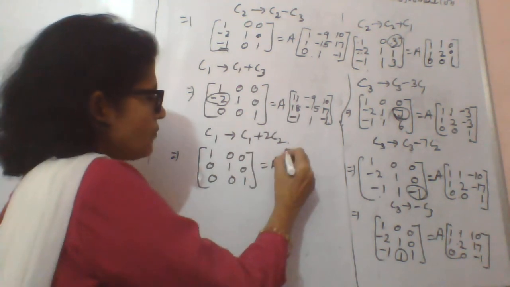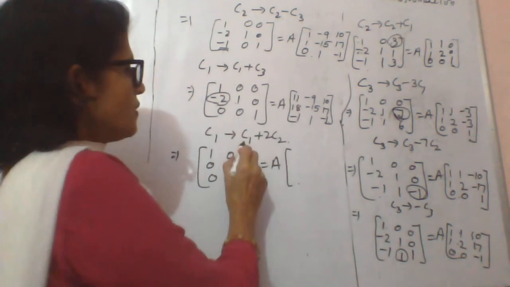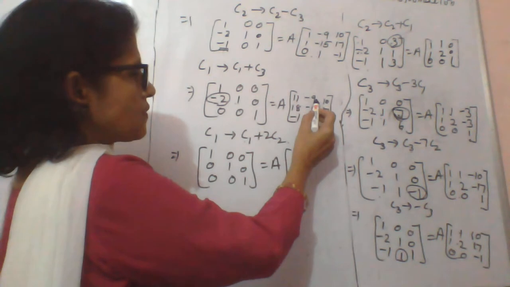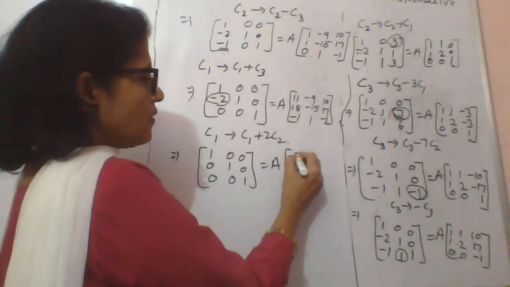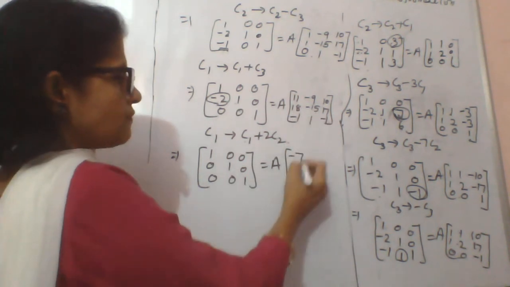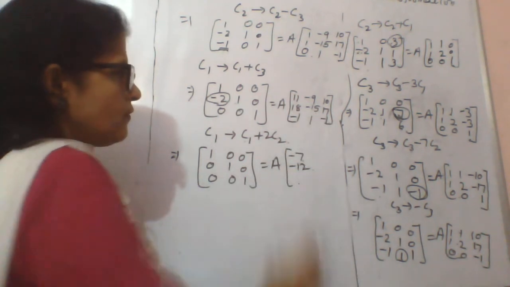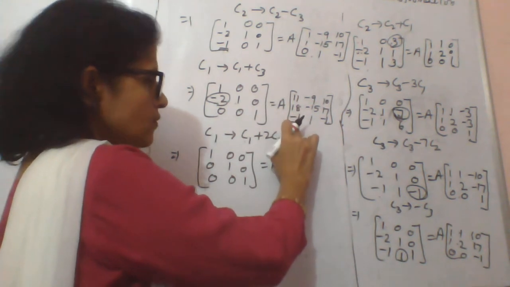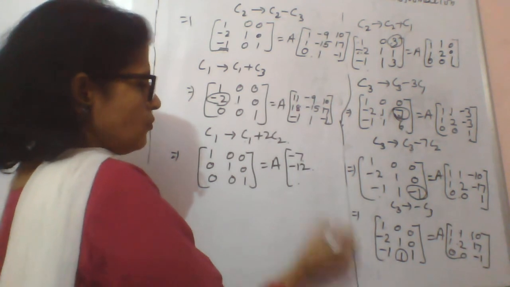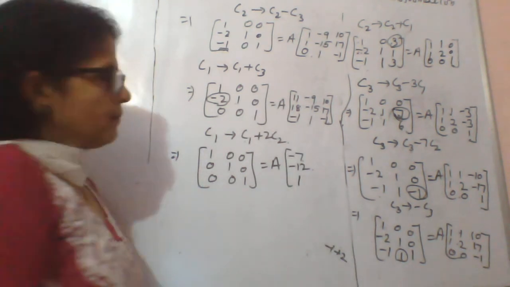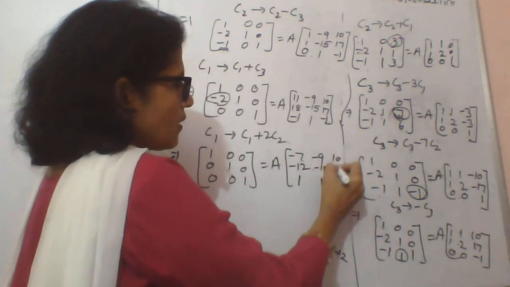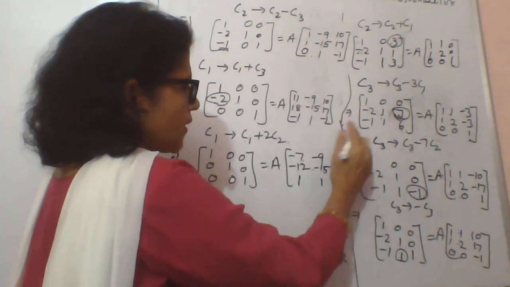This is equal to A into, see here, C1 plus 2C2: 11 plus 2 into minus 9, 11 minus 18, minus 7. Here 18 plus 2 into minus 15, minus 12. Now here you see minus 1 plus 2 into 1, minus 1 plus 2. Here you are getting 1. Minus 9, minus 15, 1, 10, 17, minus 1.